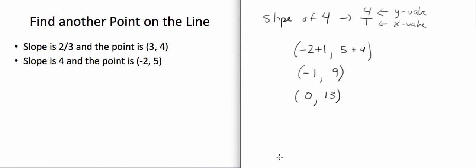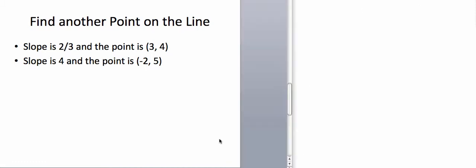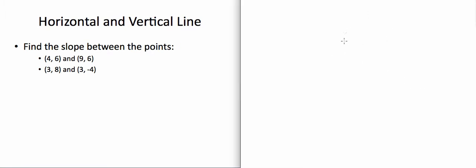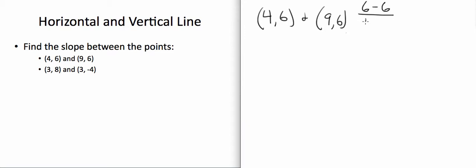Okay. And then the final aspect of the chapter deals with the idea of horizontal and vertical lines. So we're finding the slope between 4, 6 and 9, 6. So if we do our difference of y's, in our case our y's are 6 minus 6 and 4 minus 9, we end up with 6 minus 6 gives us 0, and 4 minus 9 equals -5.